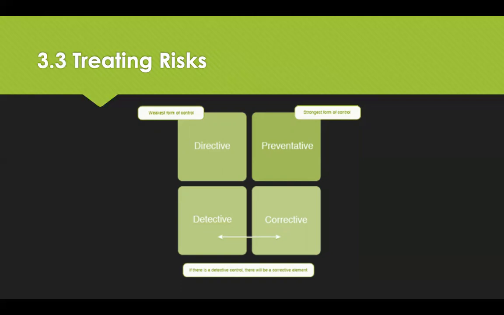Preventative is to limit the possibility of a negative outcome. Directive is to ensure positive outcomes through legislation, processes, and procedures. Detective is to evaluate and monitor potential risks occurring so that you can take action. And corrective is designed to counter any known risks, so business continuity plans and crisis management.